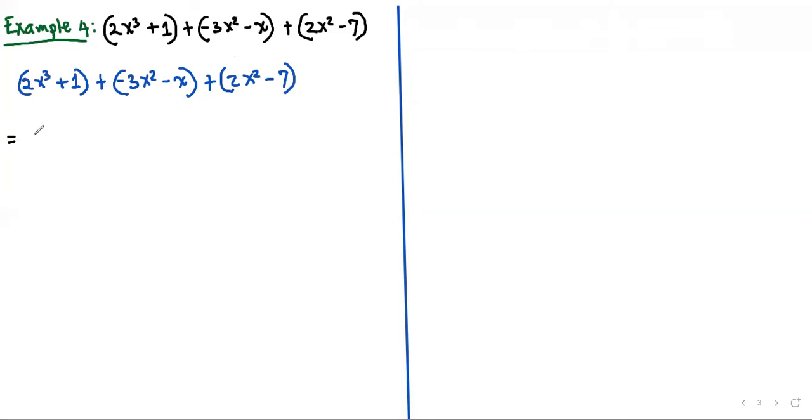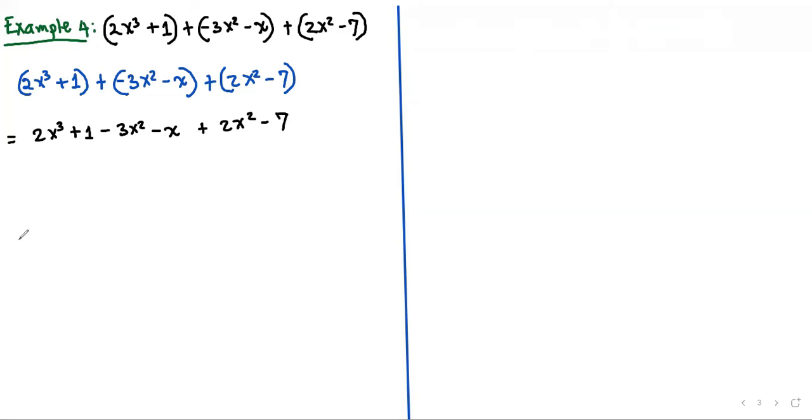So we have 2x cubed plus 1. So plus and minus, it will be minus. So we simply write minus 3x squared minus x. Okay. Then plus 2x squared minus 7.